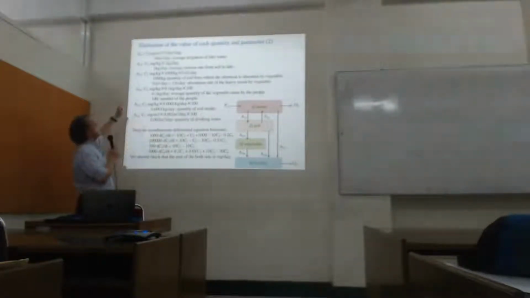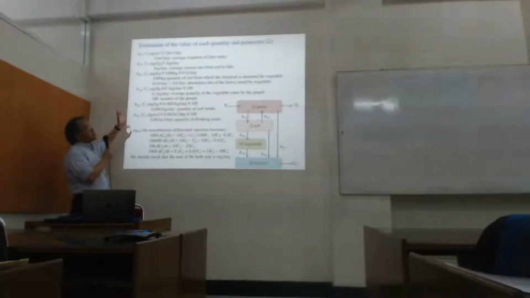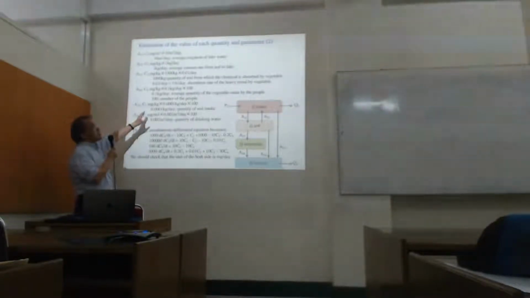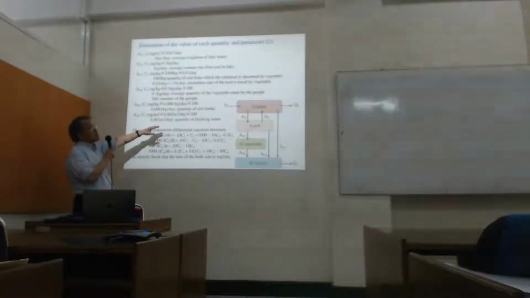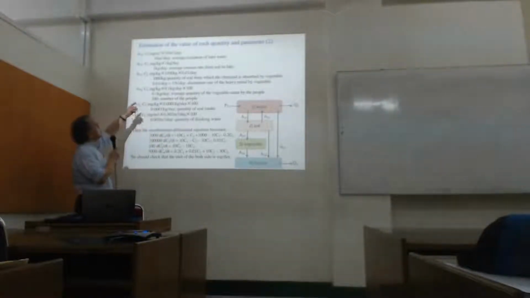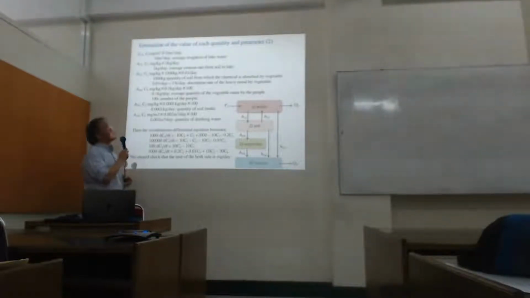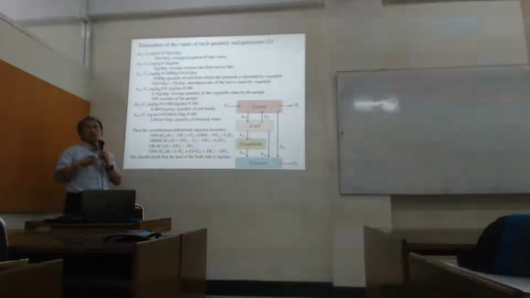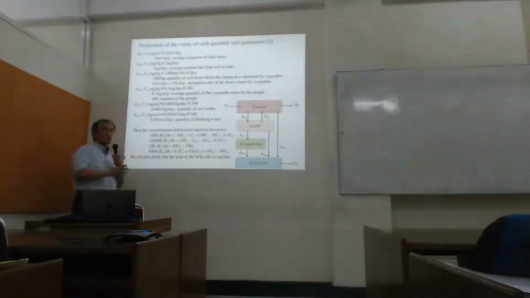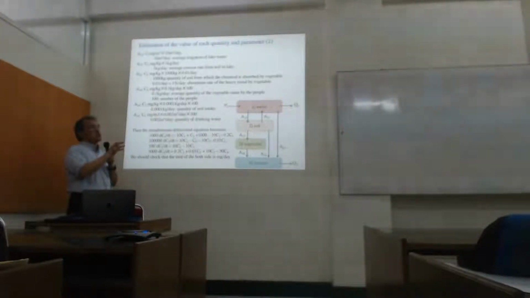We can estimate it. So A12 means movement of pollutant from the lake water to soil. C1 is the concentration of the pollutant or concentration of elements in lake water, and 10 cubic meters per day is the average irrigation of lake water, from the survey of actual conditions and reviews with the farmers.